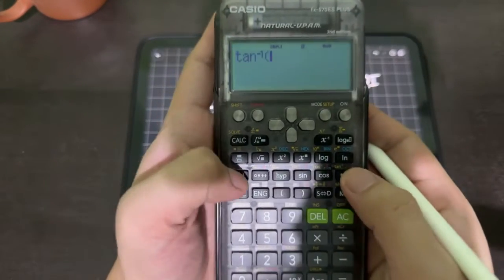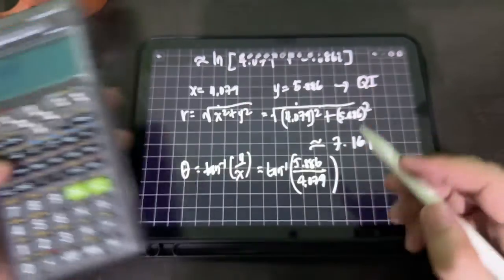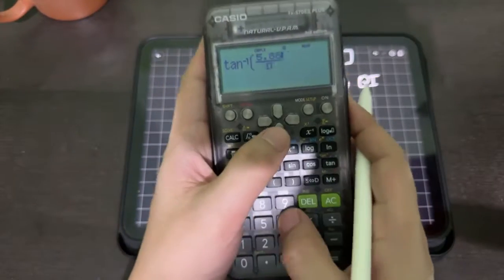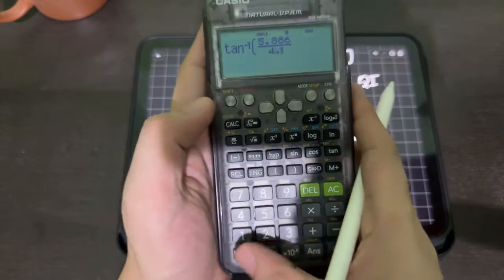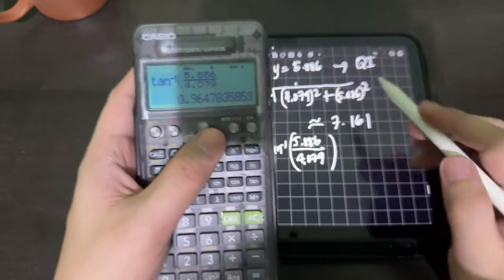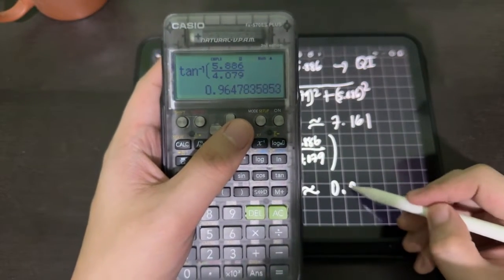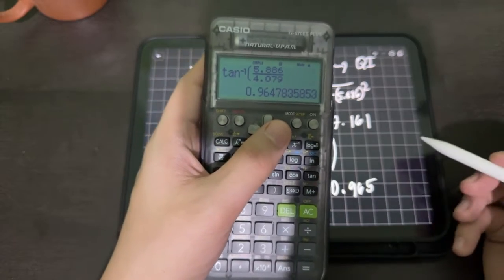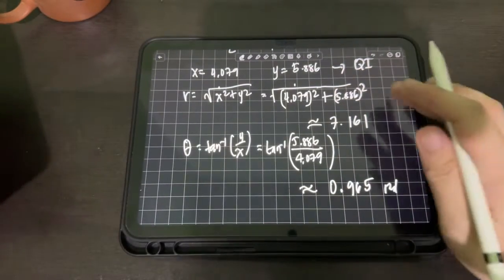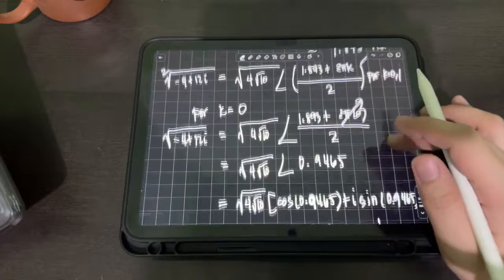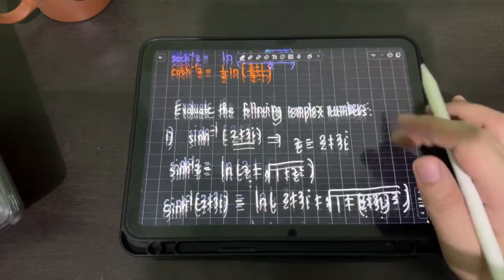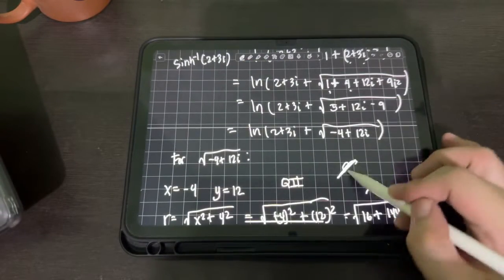Again, input in your calculator arctangent of 5.886 over 4.079, and you will get approximately 0.965 rad.